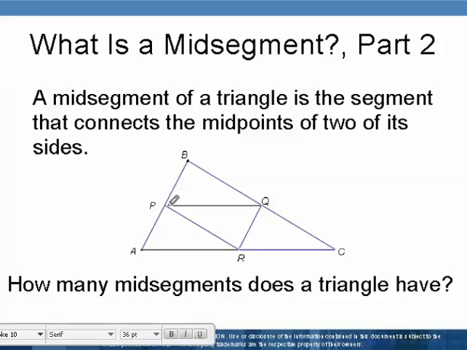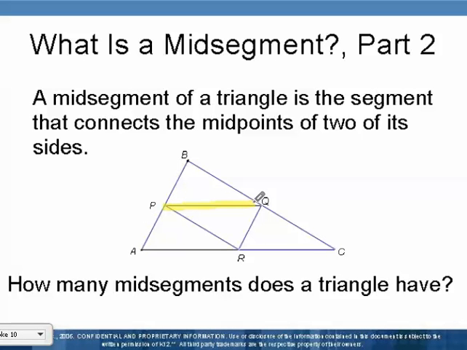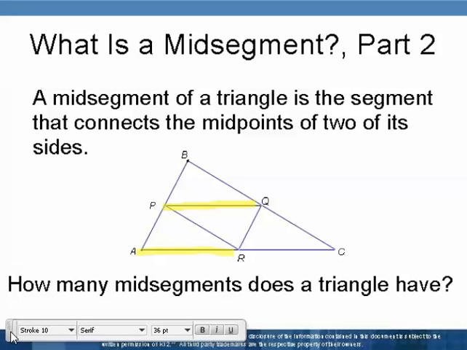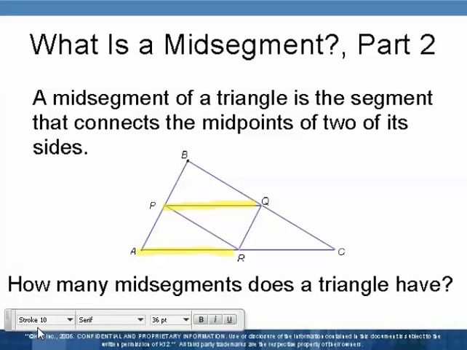Here, PQ is actually going to be the same length as this side right here, AR, or this one over here. Okay, let me color so that we can see this a little better. There.